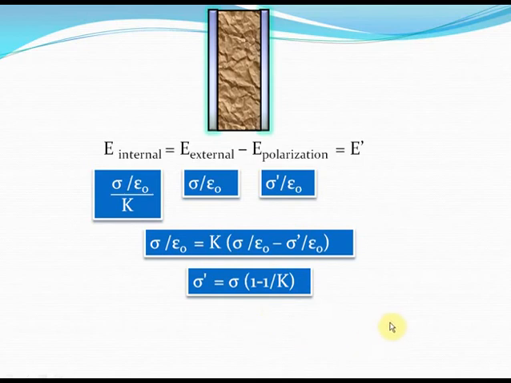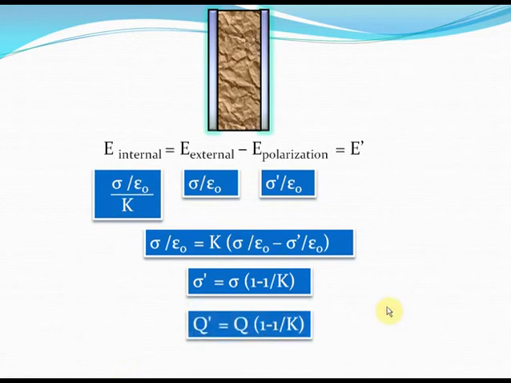What this expression says is that the induced charge density on the surface of a dielectric is equal to the charge density on the plates of the capacitor into 1 minus 1 by K, where K is the dielectric constant of the dielectric. Understood?